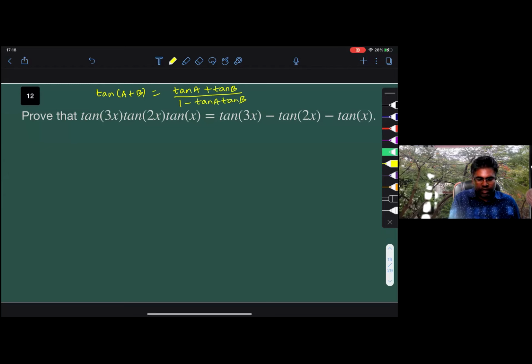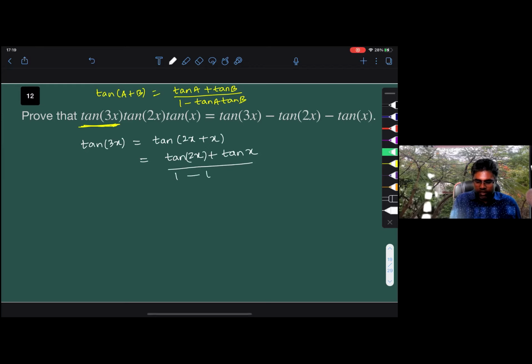Now just pay attention to tan 3x. If I apply the above identity to tan 3x, how can I convert that? That 3x, I can split into 2x and x. So now I have a as 2x and b as x. So I can write this as tan 2x plus tan x, and you should put a bracket so that you know what is happening, over 1 minus tan 2x into tan x.